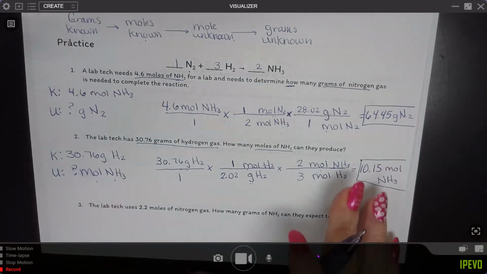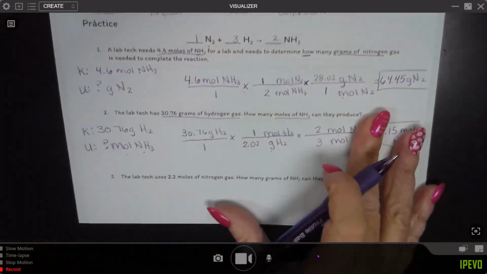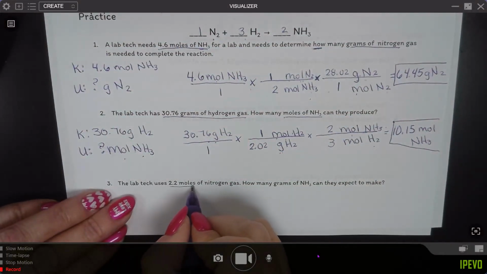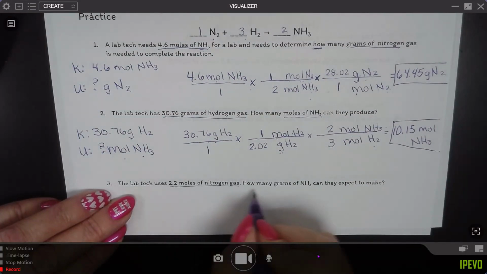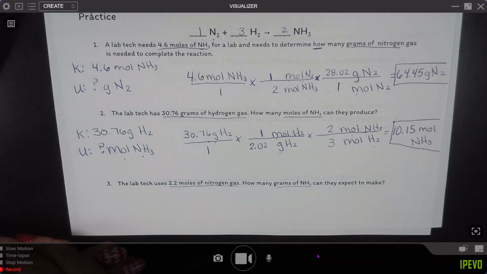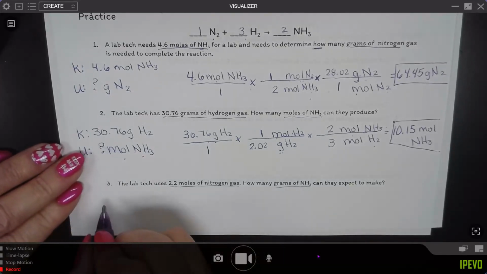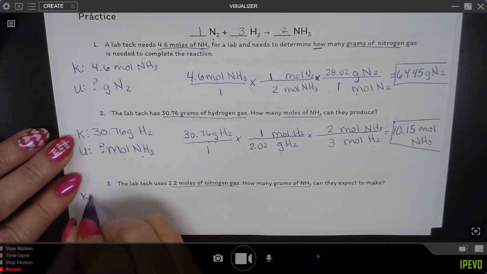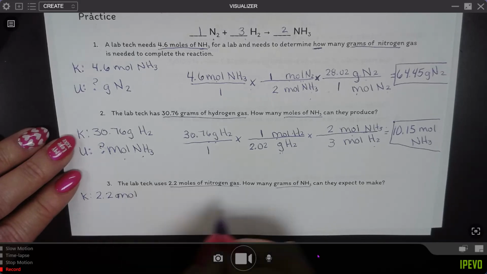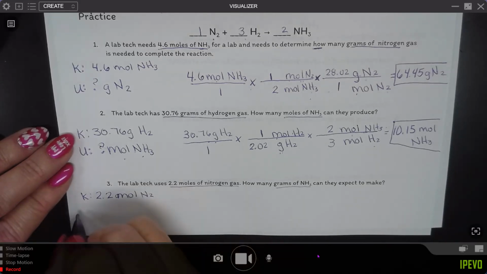So let's try one more of these together. All right. So the lab tech uses 2.2 moles of nitrogen gas. How many grams of NH3 can be made? Okay. So I'm going to start. My known is 2.2 moles nitrogen gas, so that's N2.